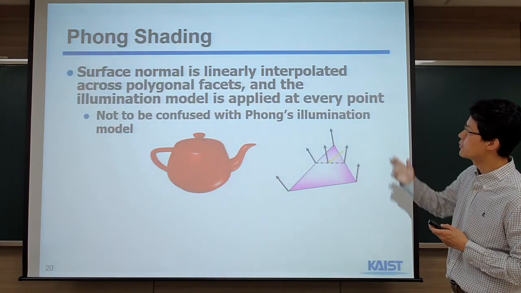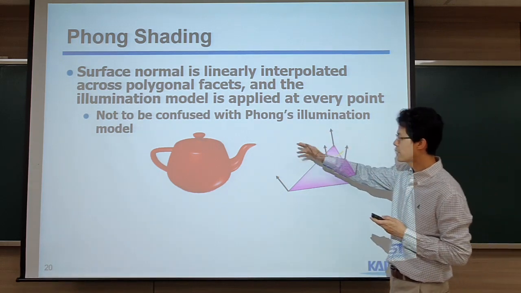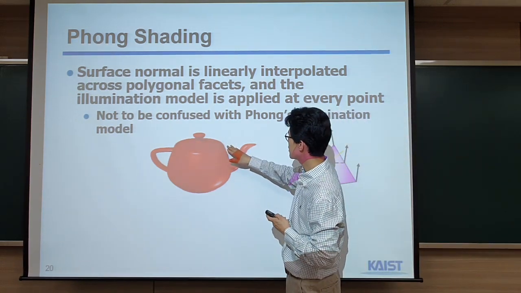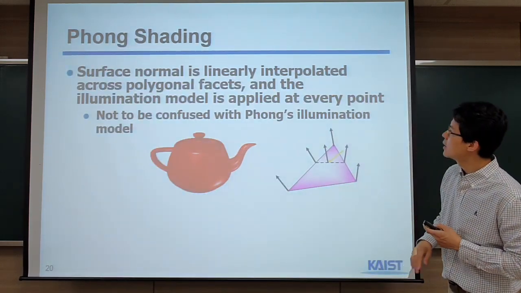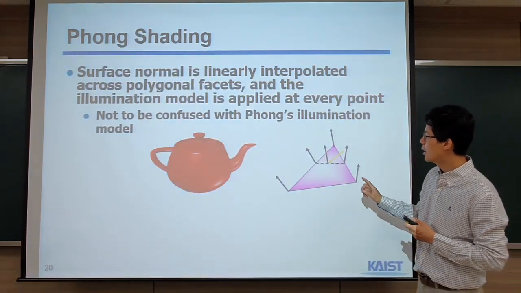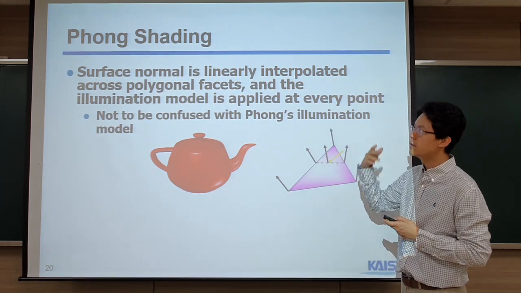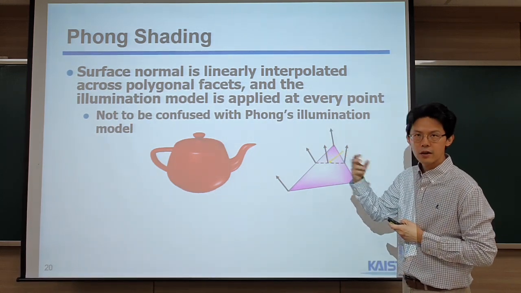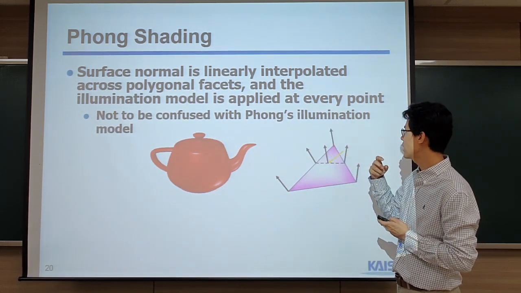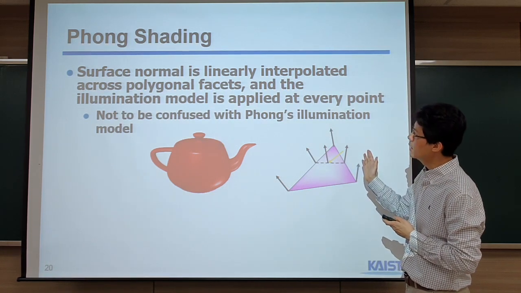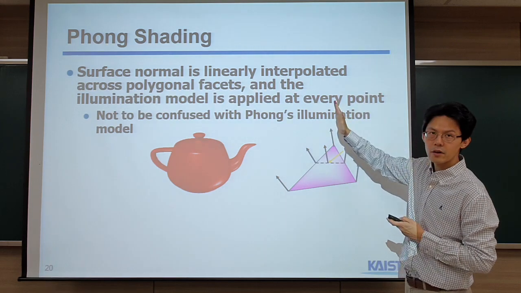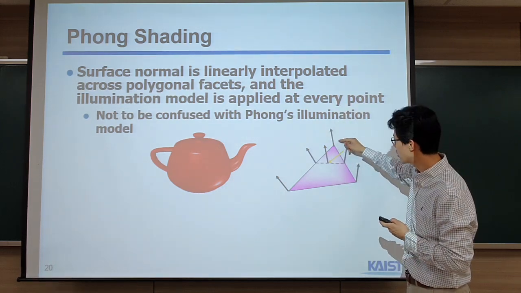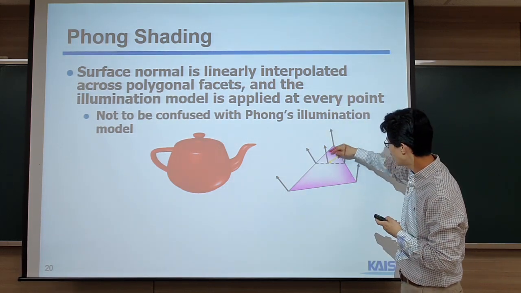Another approach is Phong shading. This is a result of Phong shading, and it looks better than the prior one. Its main idea is that for evaluating our illumination model, we need to have different normals, and many other parameters also change as we walk along this triangle.